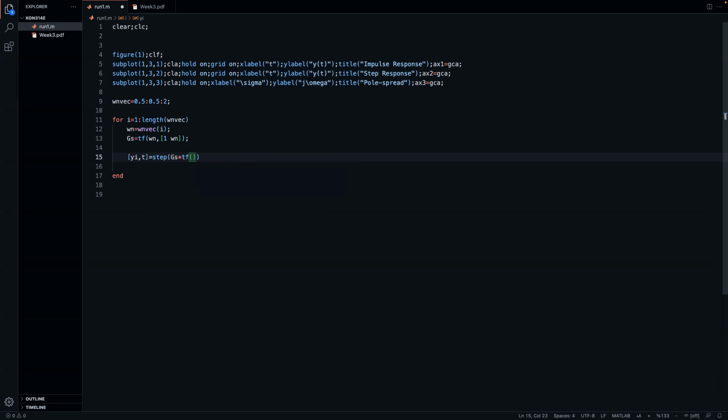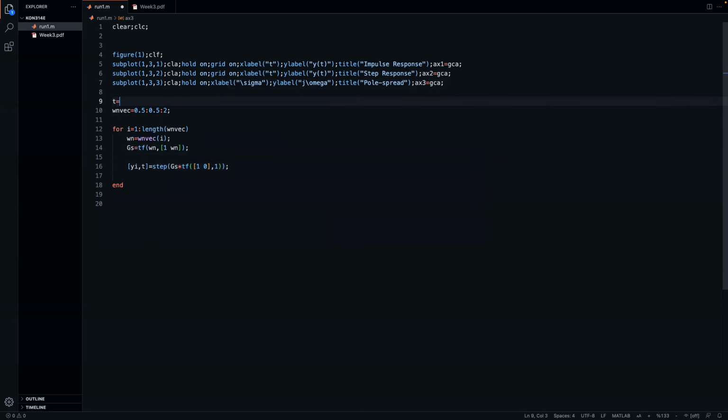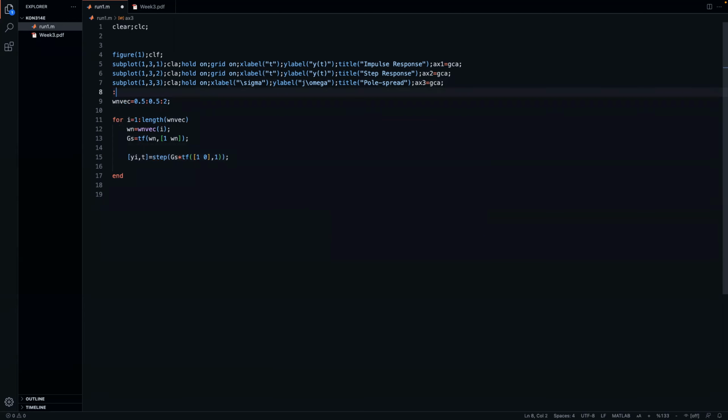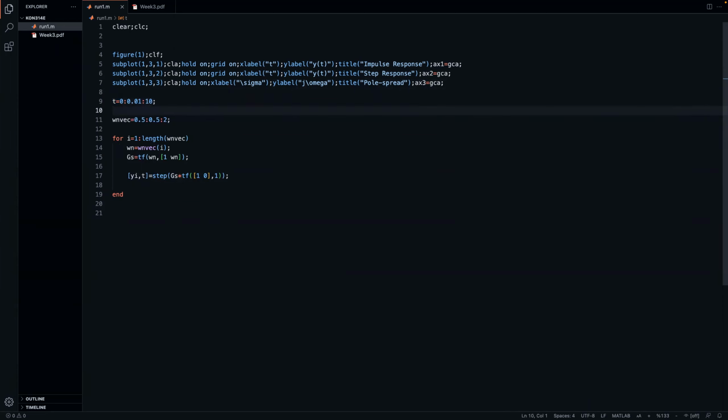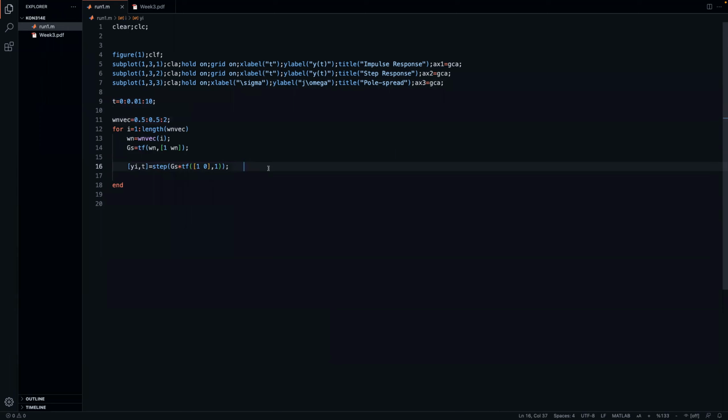So let's just add that 1, 0, which is going to be S divided by 1 because we're interested in the impulse response. So I'm also going to define a time vector that looks like this. Let's say 10 seconds should be okay in my opinion. So I'm just going to ditch that and provide the time vector here.